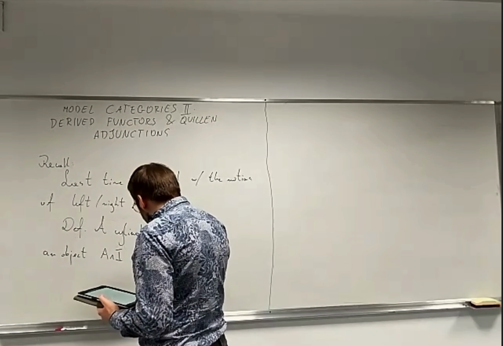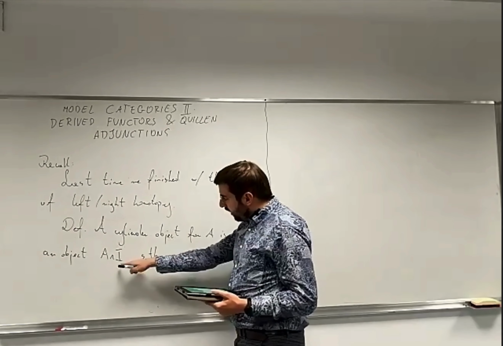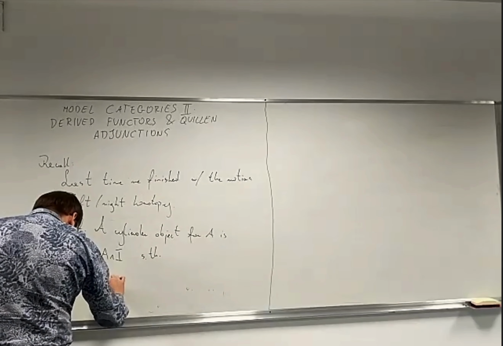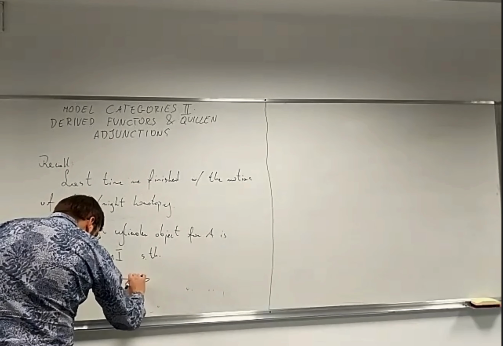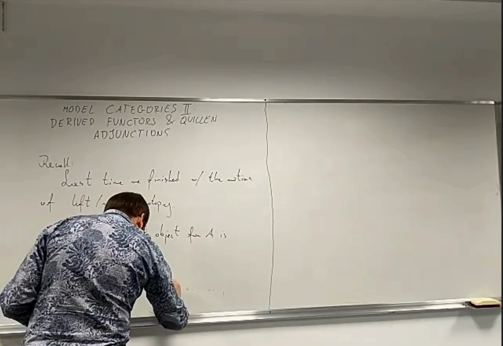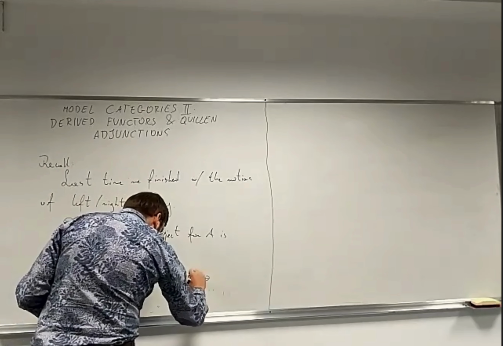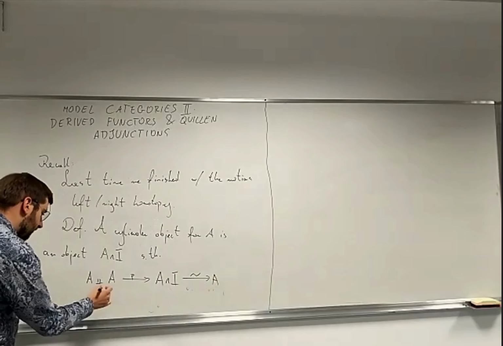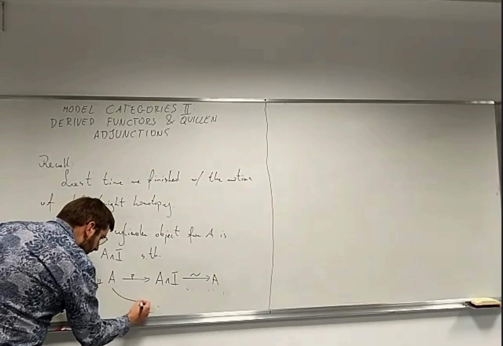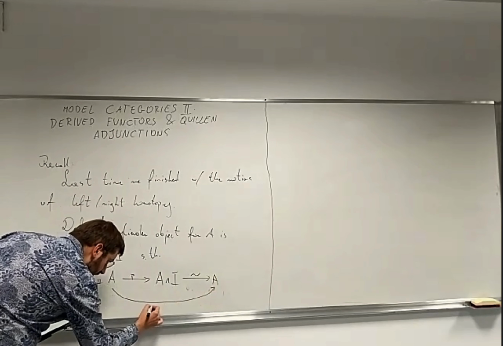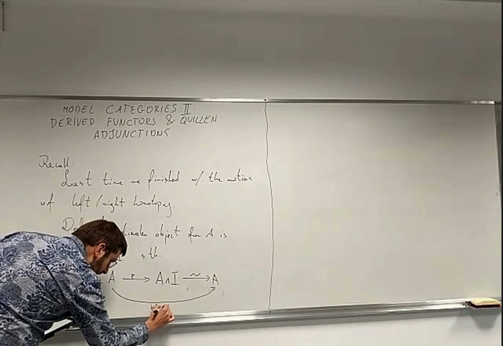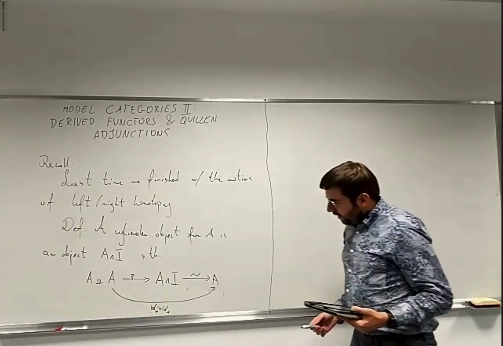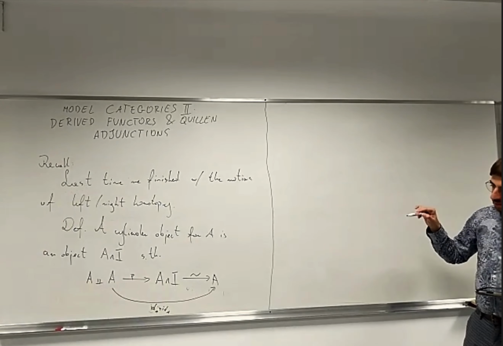What we require from a cylinder object is that it comes with a map P, a weak equivalence to A, such that this composite factors the identity on A plus identity on A. Okay, so this is the definition of a cylinder object.